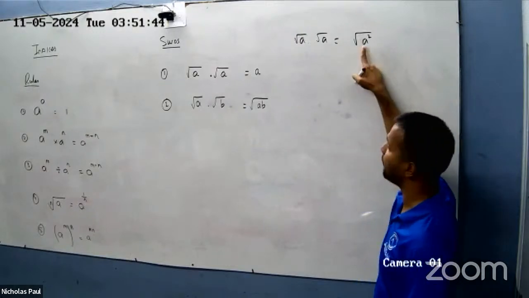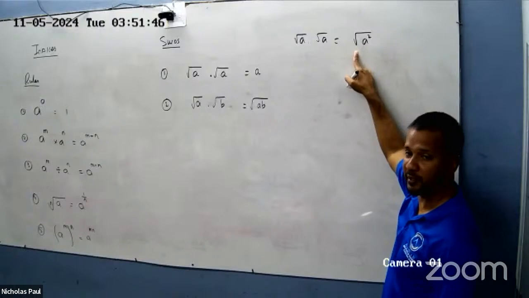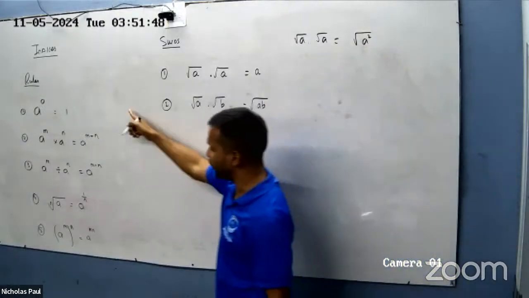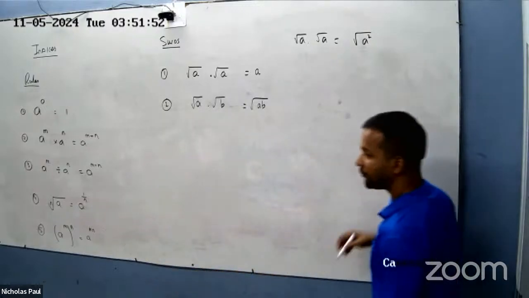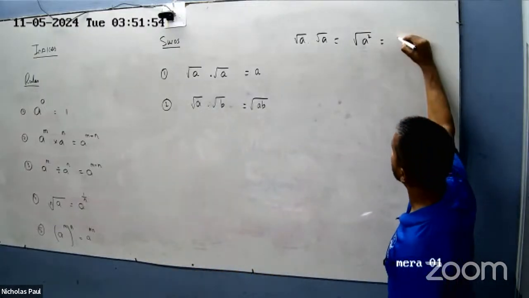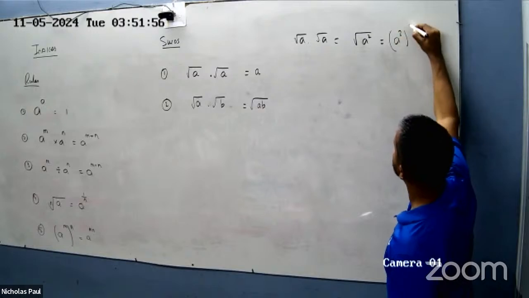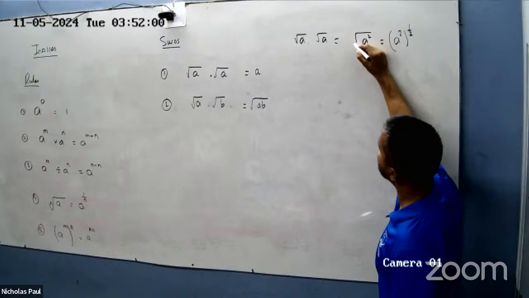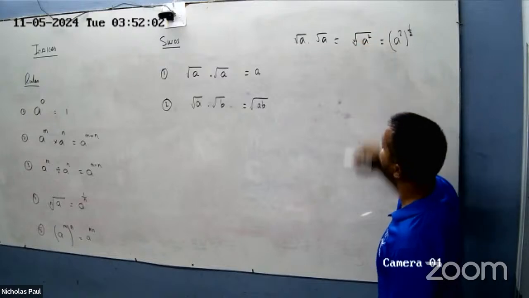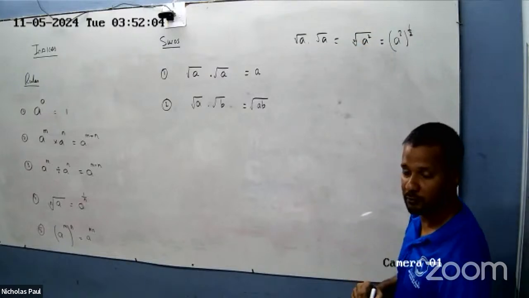But here's the problem, right? Does anybody remember what square root means? Which rule here could I use to represent square root? Rule 4. Square root is A to the power of a half. Square root means that a 2 is understood in here. That's okay?